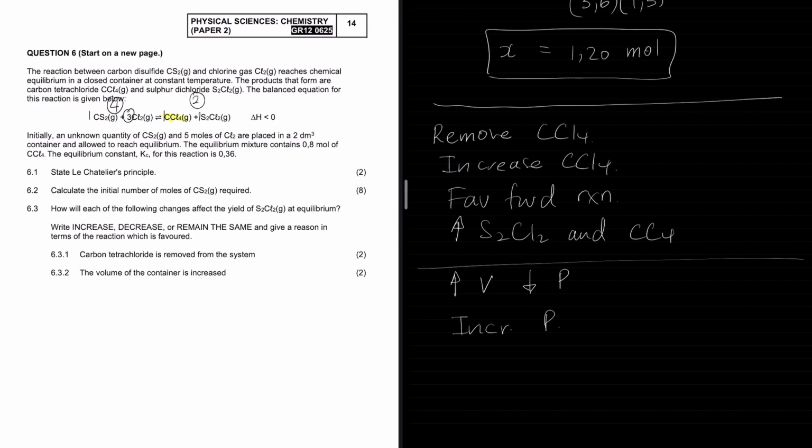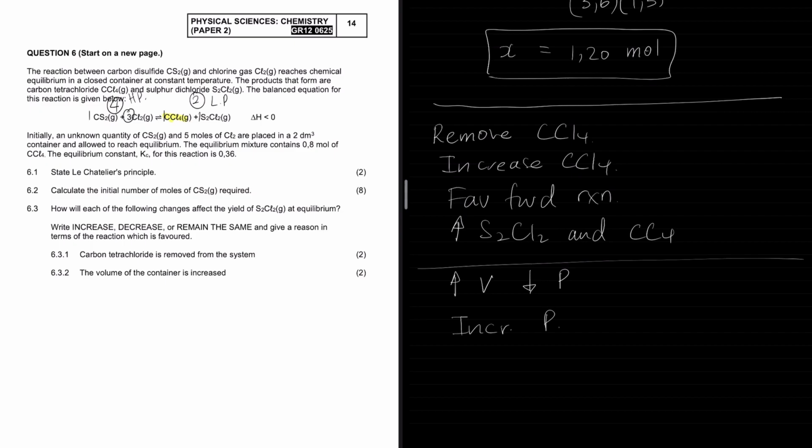The side with more molecules represents a high pressure side, and the side with fewer molecules represents a low pressure side, because there are fewer molecules, fewer collisions. So if the system wants to increase the pressure, it's going to favor the side that has more molecules. That's the left-hand side.